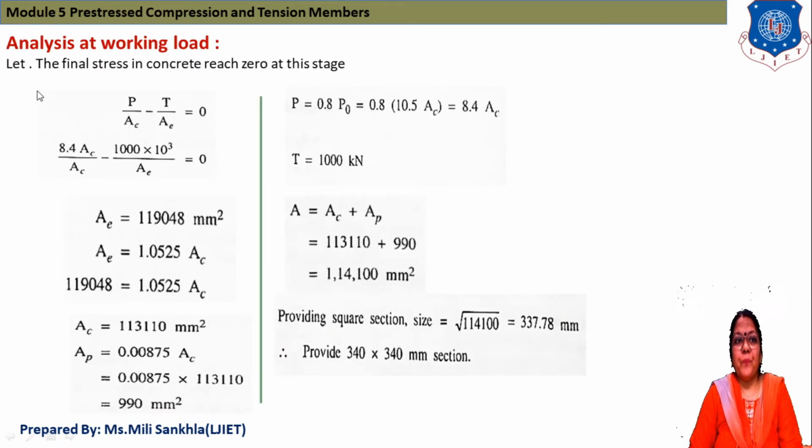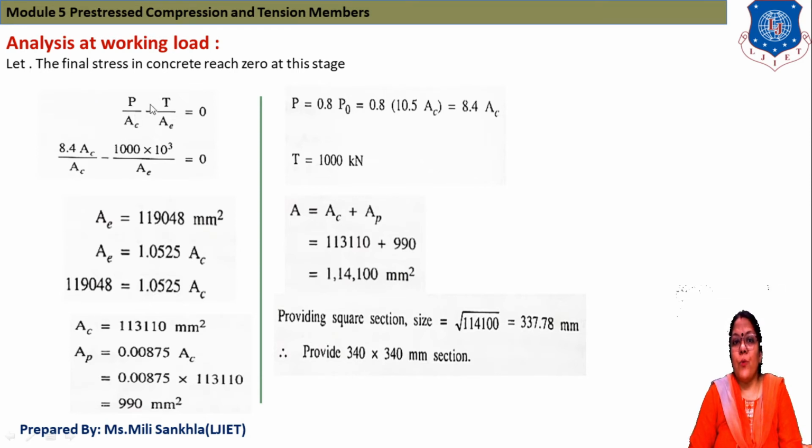In next analysis at working load, the final stress in concrete reaches 0 at this stage, and here we consider the tensile stress in our pre-stressed concrete member as 0. Now the equation is P by Ac minus T by Ae is equal to 0, because we discuss for final stress.